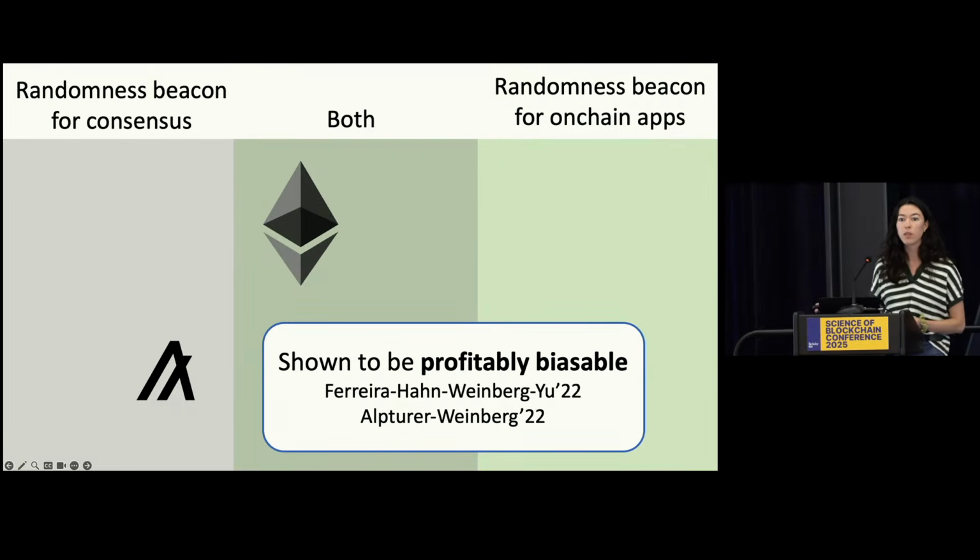It's been shown that the beacons used in Algorand and Ethereum for consensus can, in theory, be profitably biased. So it's possible for an attacker to not only manipulate this beacon, but to gain some expected reward in doing this manipulation. These are theoretical attacks. They haven't been observed in practice, but it's important to note that these protocols are, in fact, biasable.